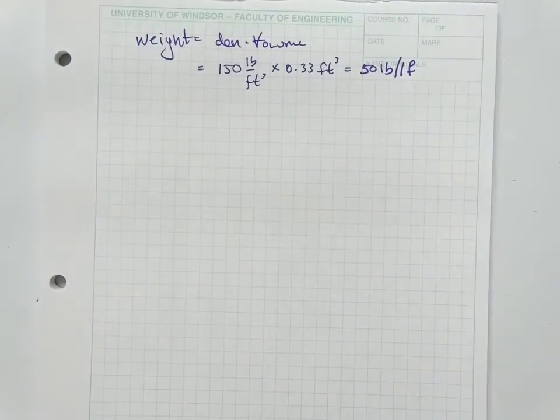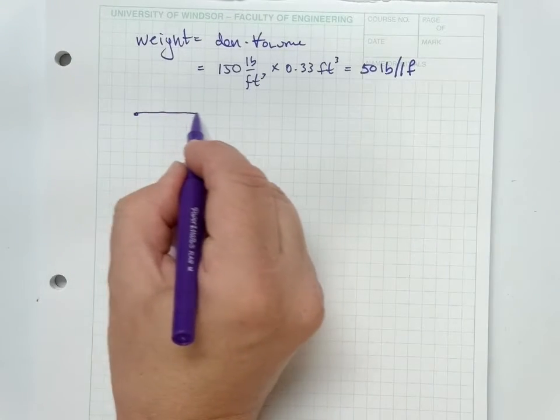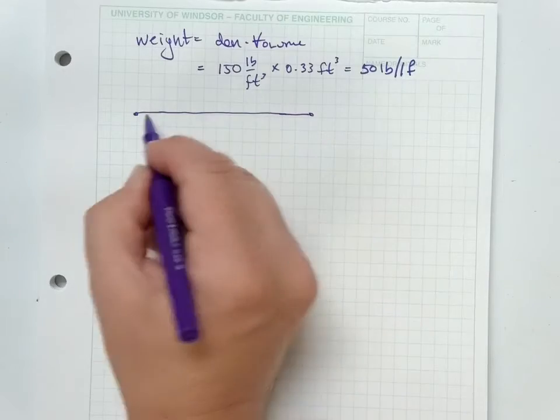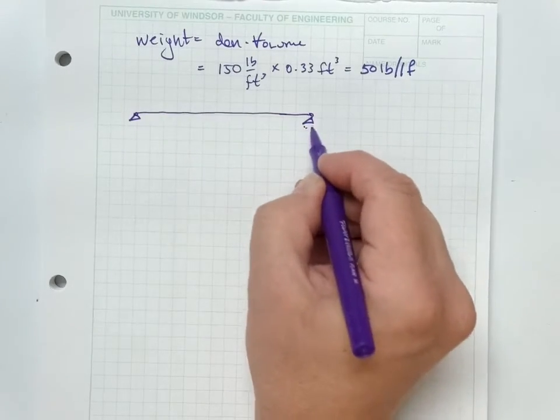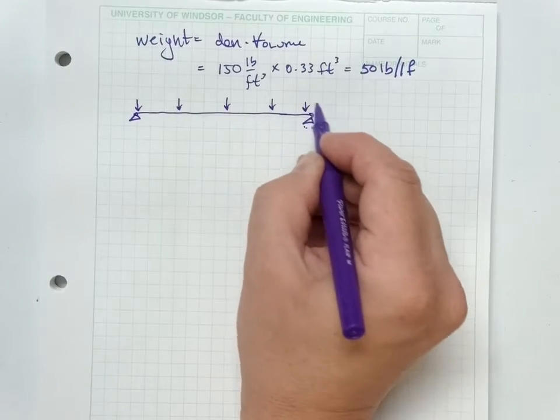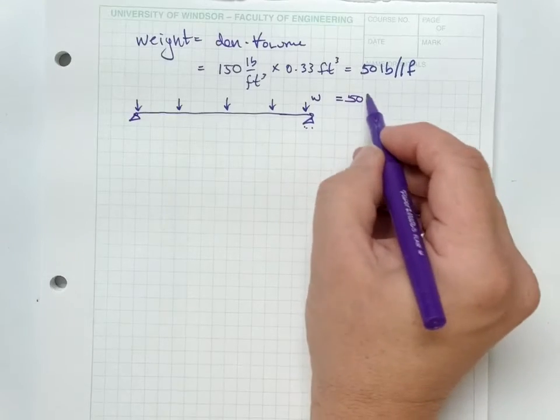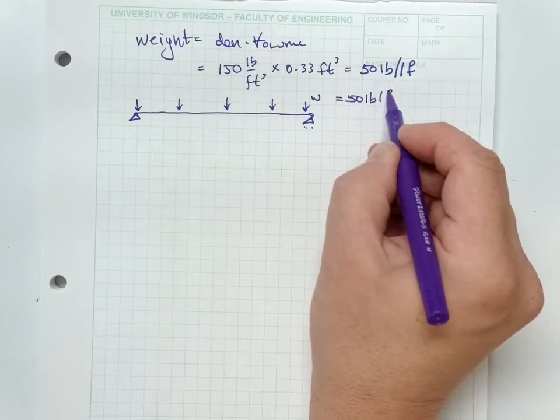Because I made it 1 foot long. And so my beam is loaded with a uniform load of W, where W is equal to 50 pounds per linear foot.